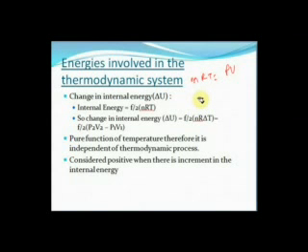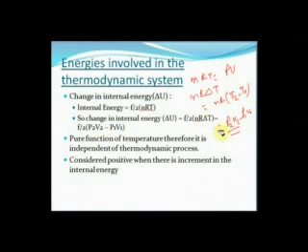So nR delta T, that is nR(T2 minus T1), would be P2V2 minus P1V1, where T2 is the temperature in the final state and T1 is the temperature in the initial state. Similarly, P2 is the pressure in the final state and V2 is the volume in the final state. P1 and V1 are the pressure and volume in the initial state.